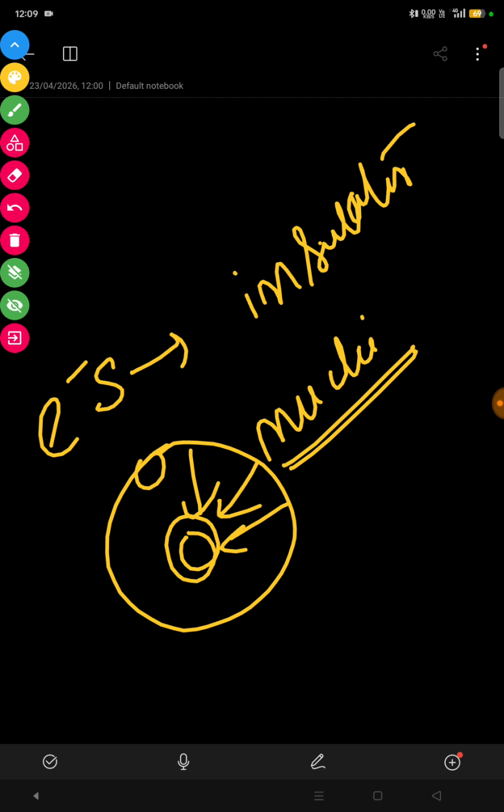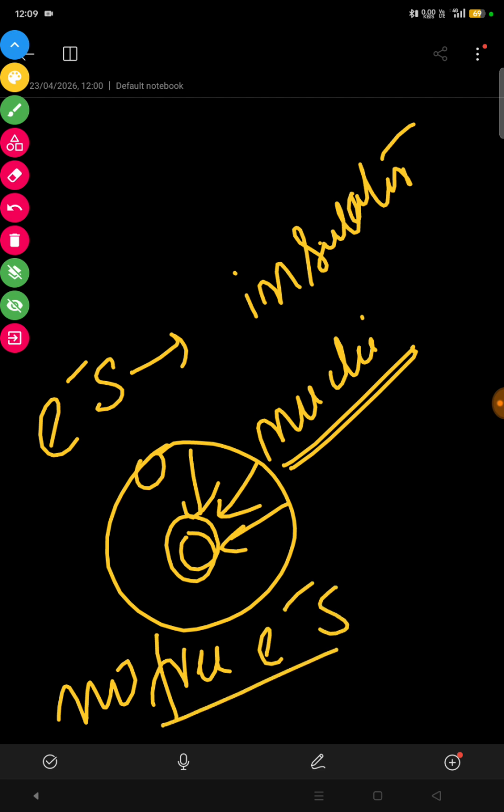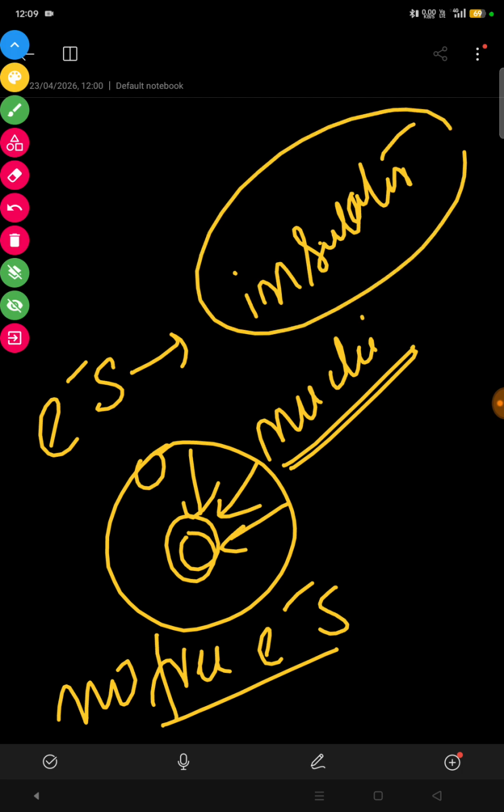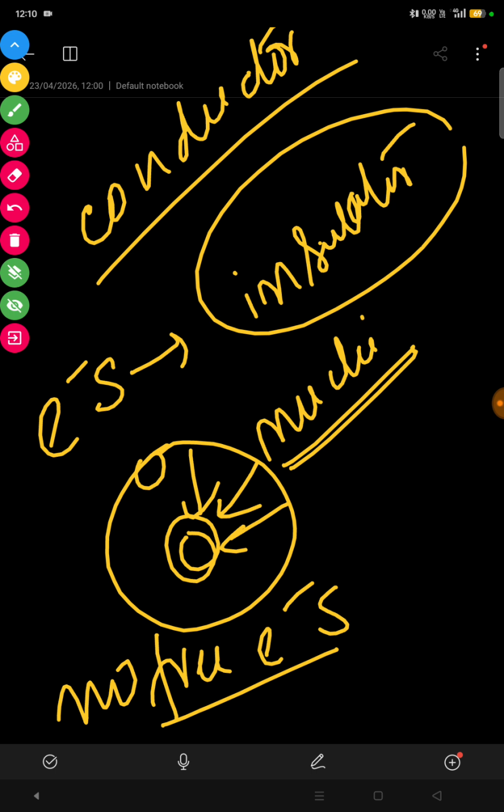Since there is no free electron in an insulator which can move from one atom to another, an insulator does not allow electric charge or electricity to flow through it. This is the basic difference between a conductor and an insulator. In a conductor, free electrons are present which help in conducting electricity.